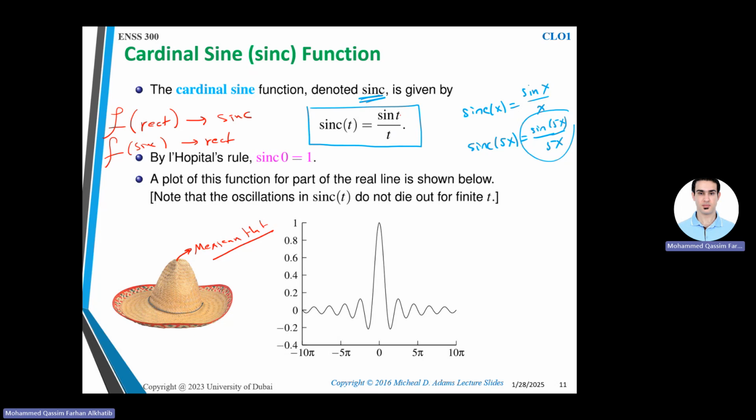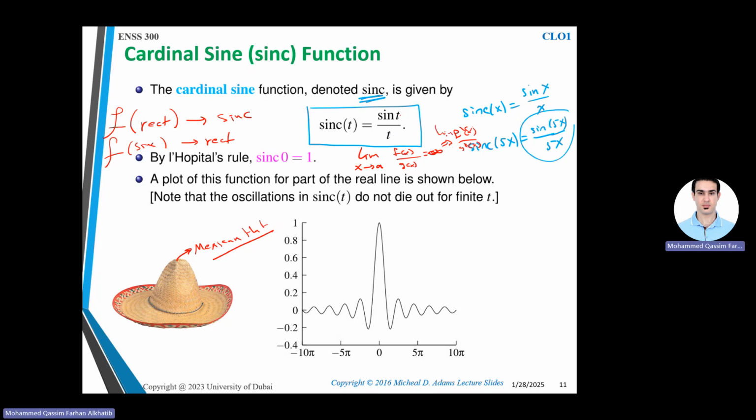All right, using L'Hopital's rule. Remember L'Hopital's rule? Can you state it? What is L'Hopital's rule? Okay, it says that if the limit as x approaches a certain point of f of x over g of x gives 0 over 0, or infinity over infinity, it will lead to f prime of x over g prime of x, the same limit.